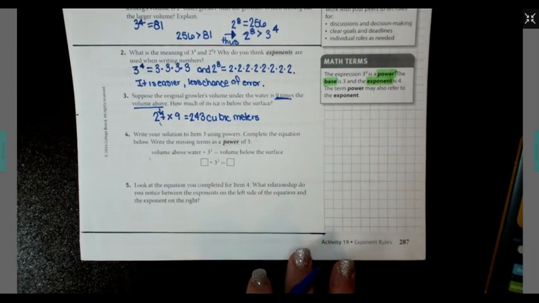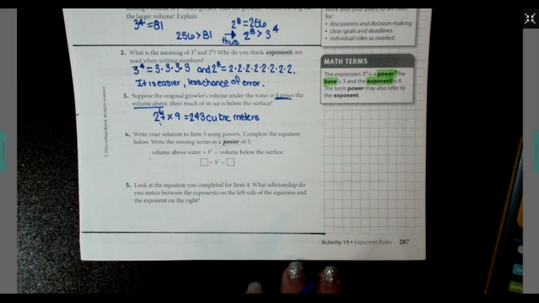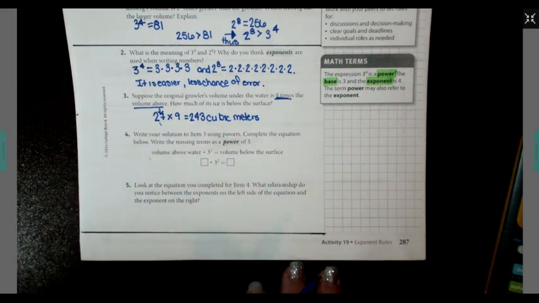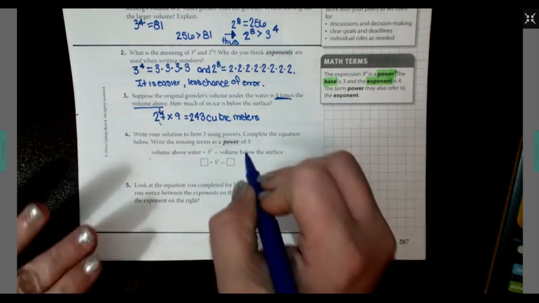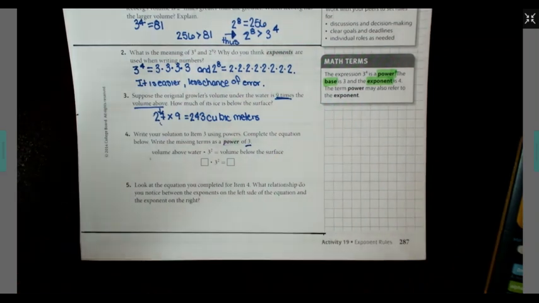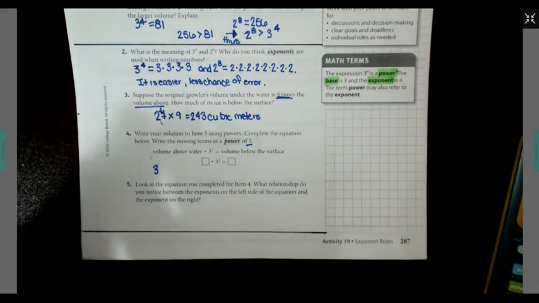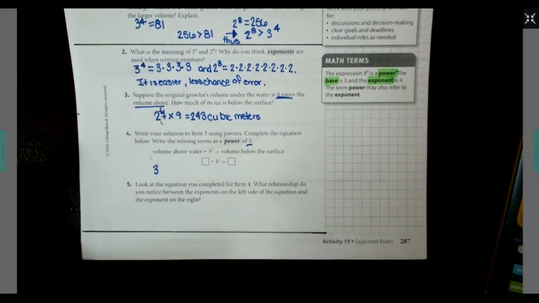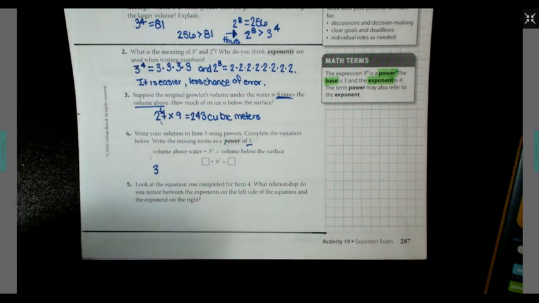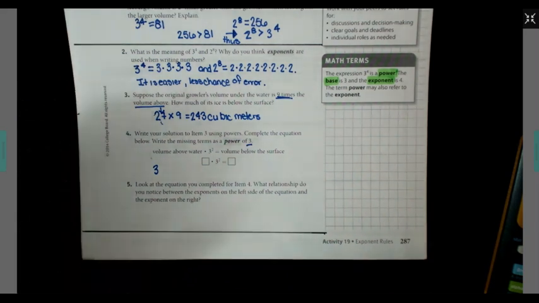All right. It says write your solution to item 3 using powers. Complete the equation below. Write the missing terms as a power of 3. So what it's saying is it wants your base to be 3. So how many times can I take 3 and multiply it to itself and get the numbers that I'm looking for?